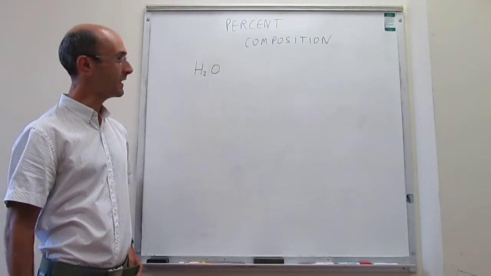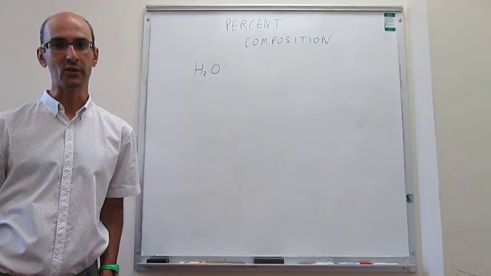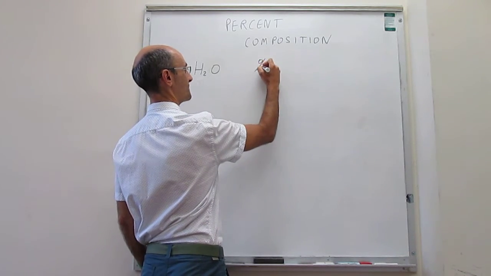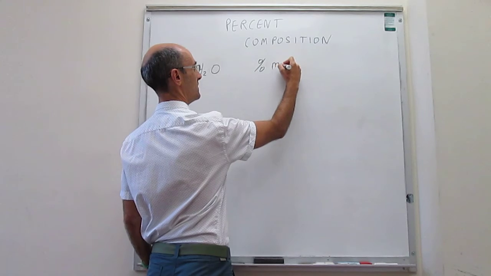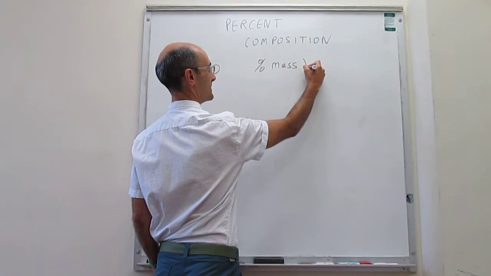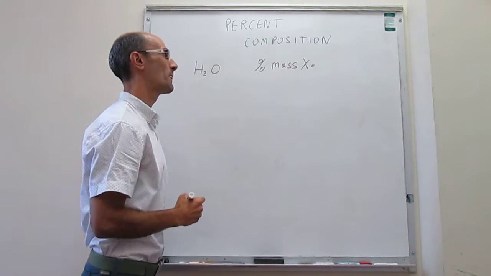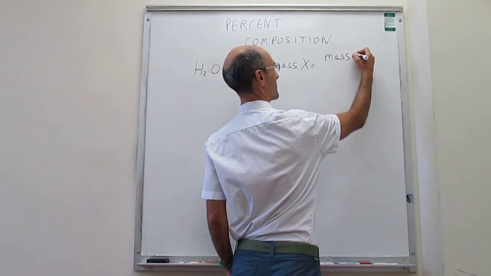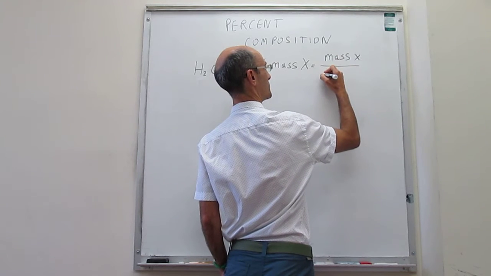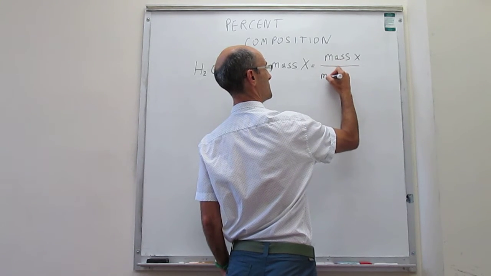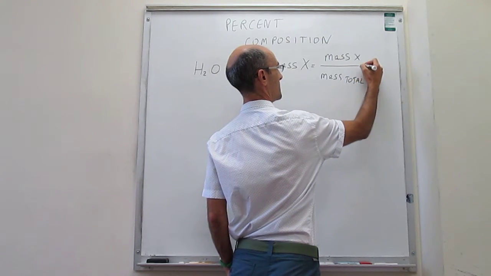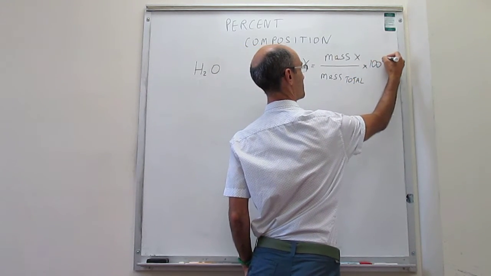Like that, we actually define the percent composition by mass as following. The percent composition by mass of an element X in any compound would be the mass of the element X over the mass of the compound, so I'm going to write here total, multiplied by 100%.